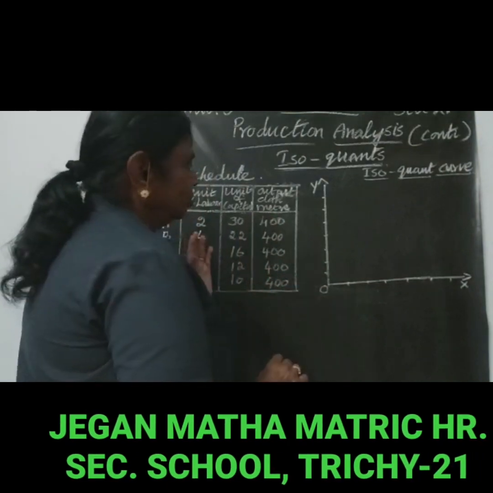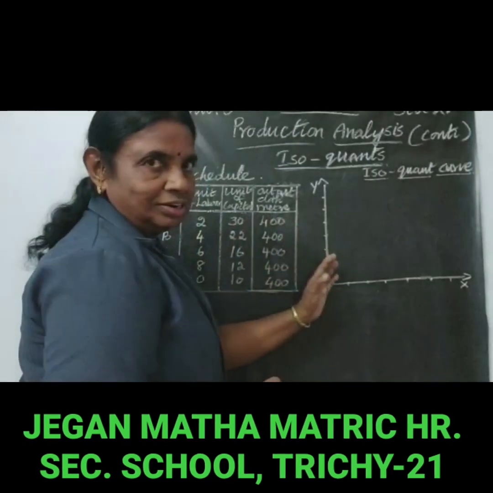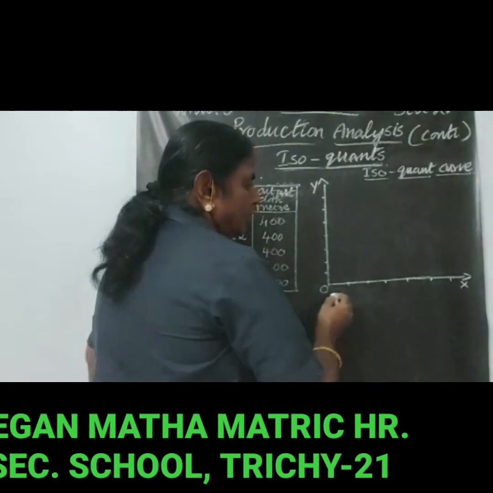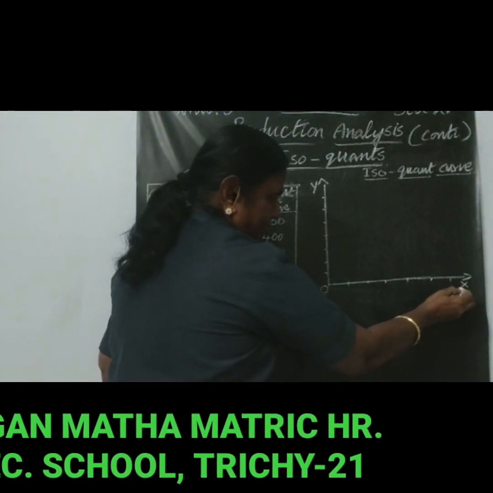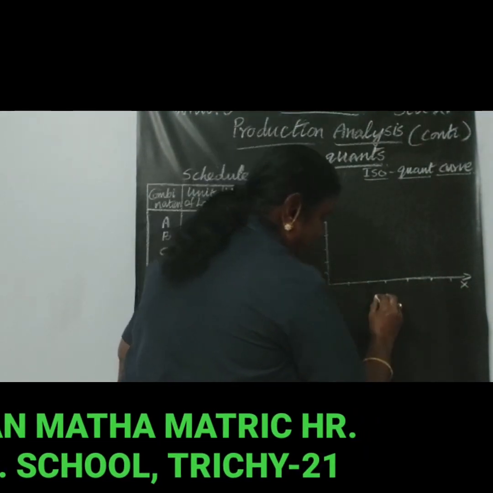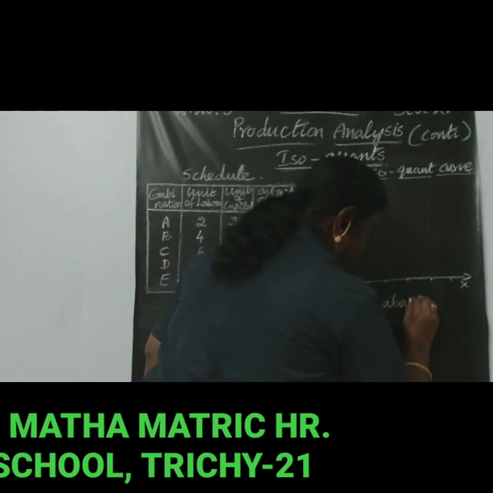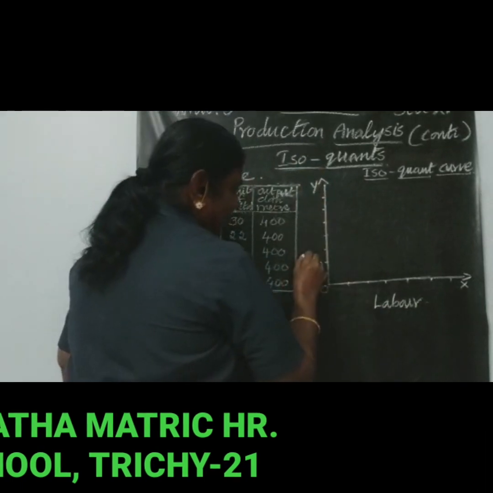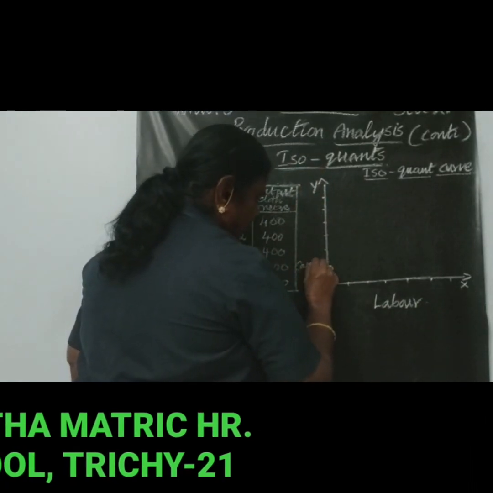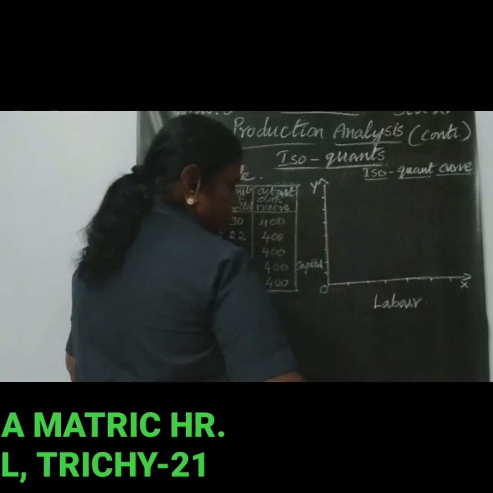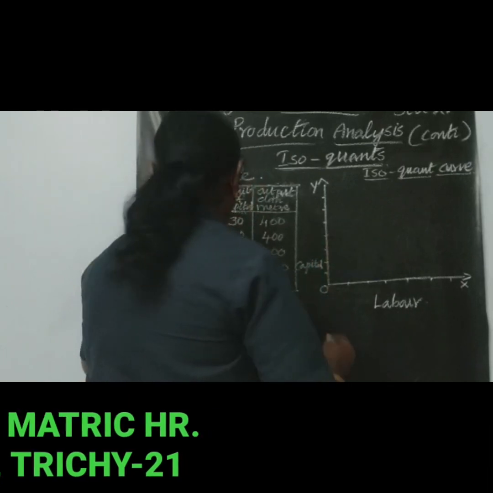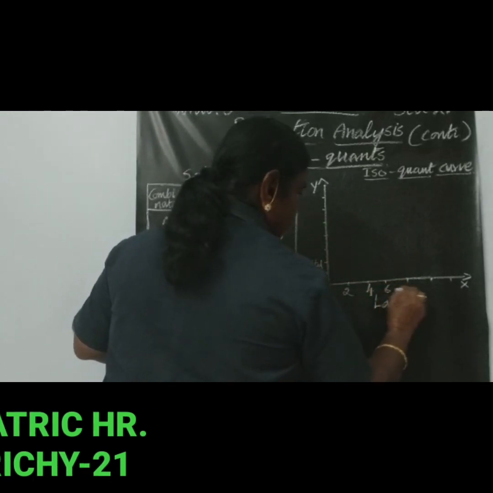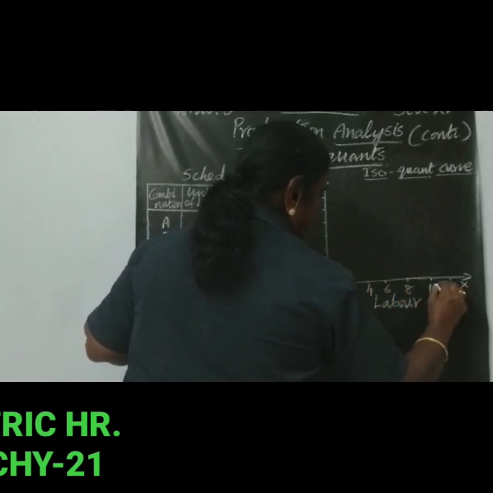This schedule can be shown in a diagram to show the isoquant curve. A horizontal line, the x-axis, is drawn and labor is mentioned, and a vertical line, the y-axis, is capital. Remember, vertical line, y-axis capital. For labor, we mark 2, 4, 6, 8, 10 and so on.